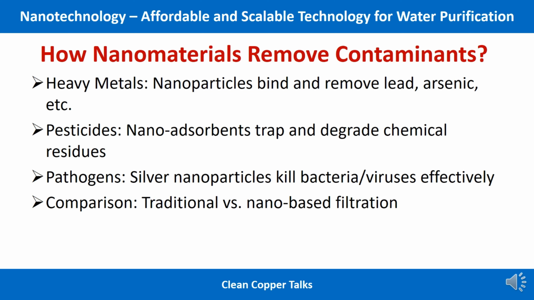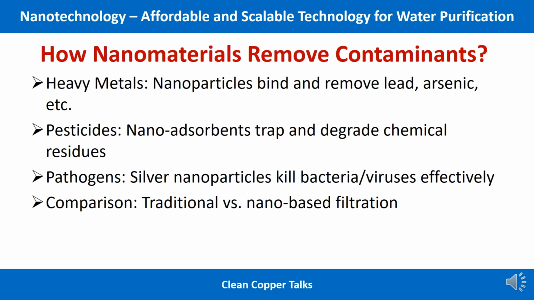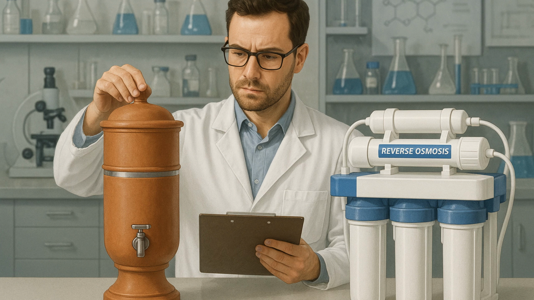Therefore, water has to pass through a membrane, and that membrane will decide whether to allow a particular contaminant to pass through it or not. The pore size in traditional filtration ranges between micrometer to millimeter, while in nanofiltration it ranges between 1 to 100 nanometers. The mechanism in traditional filtration is sieving, adsorption, and gravity settling, while nanofiltration is a pressure driven process through a semi permeable membrane.